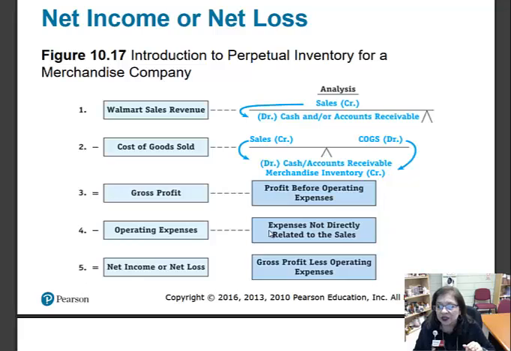Then we look at the operating expenses. Expenses not directly related to the sales, like salaries, okay? Like utilities, okay? Things like that. Then you get your net income or net loss, or your gross profit less operating expenses, okay? That's what we do. That's how we're doing it for a merchandise company. And we're going to be seeing that as we do the demonstration, okay?